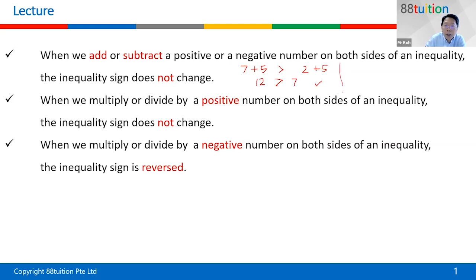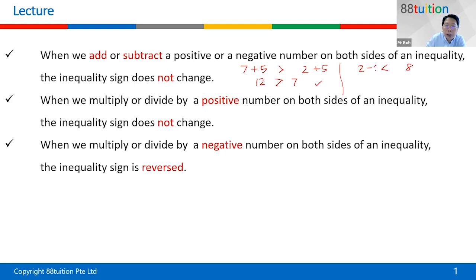Okay? I give you the next example. If I have 2, which is, let's say, less than 8. 2 is less than 8, definitely. Now, I'm going to add or subtract negative numbers. So subtract a number first.